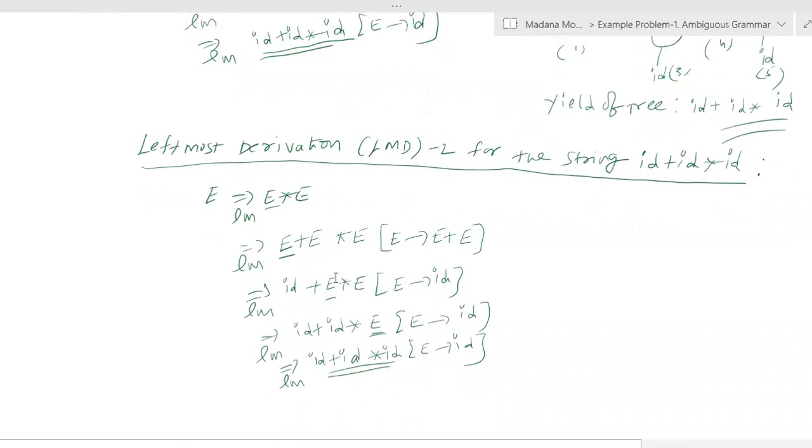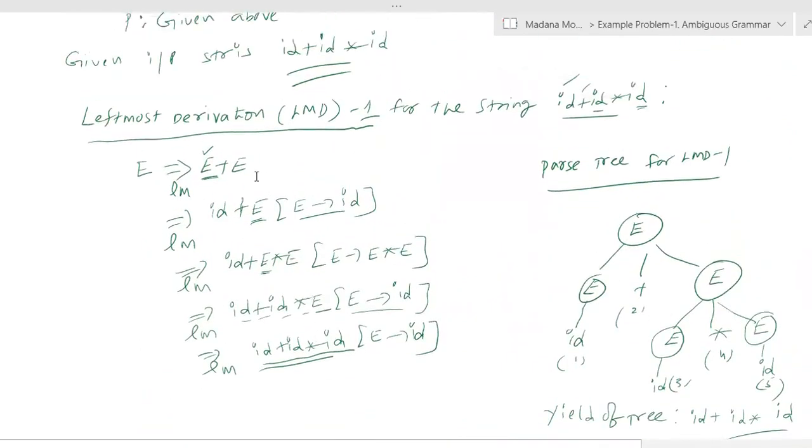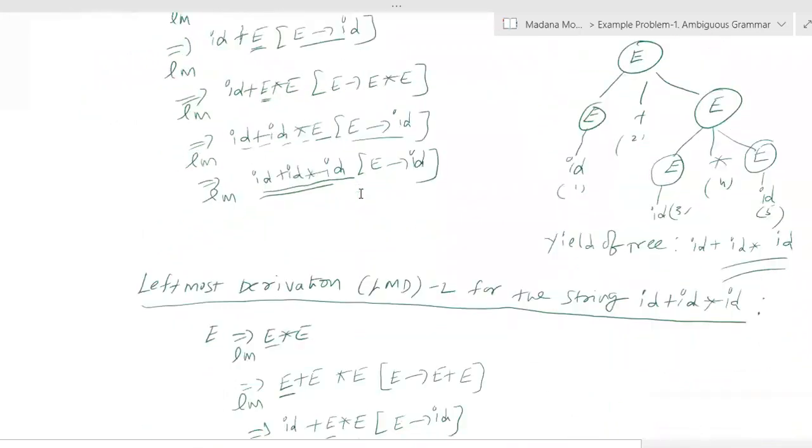Now we can see using leftmost derivation 2 also, we obtained the same string. So in the above derivation, leftmost derivation 1, we obtained the same string, but both are different. Why? Because in the first step itself, we started with E derives E plus E in leftmost derivation 1.